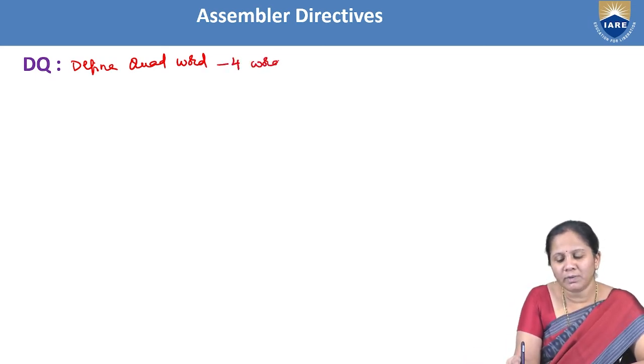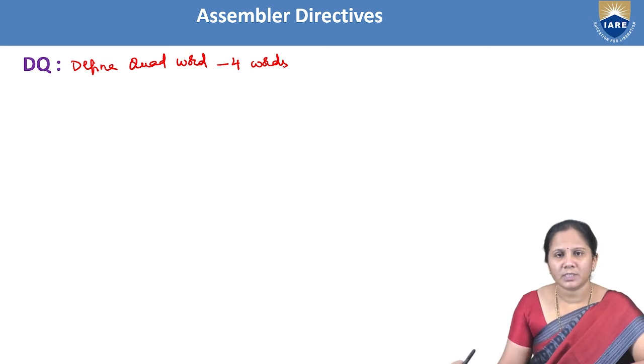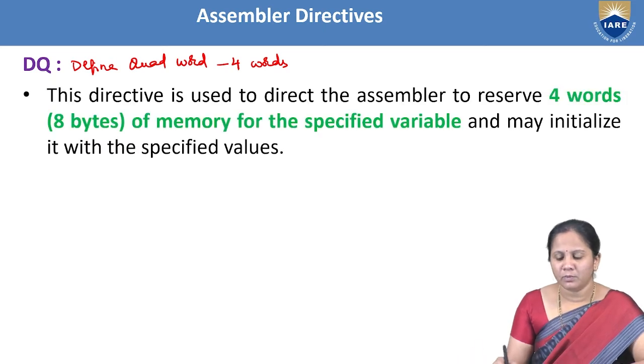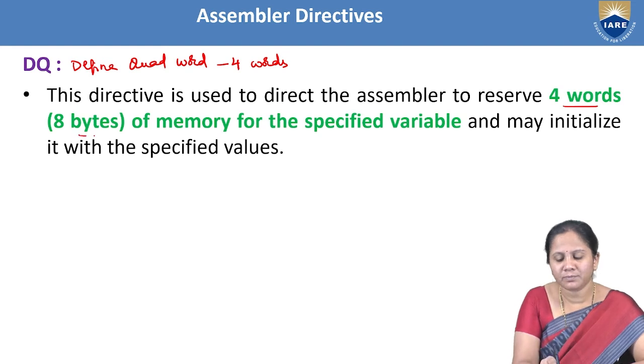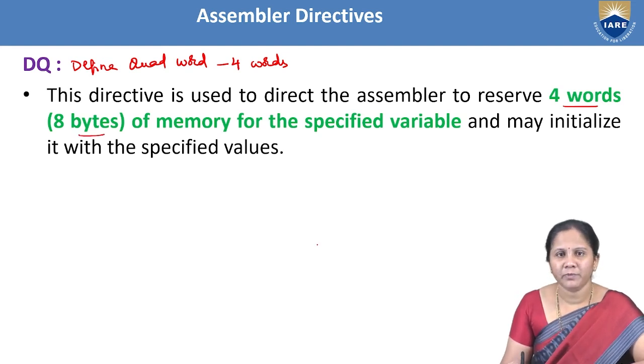So this assembler directive is going to reserve 4 words of memory location. Here 4 words can also be called 8 bytes. In that reserved 4 words or 8 bytes of memory location, all the specified values in the instruction will be stored.